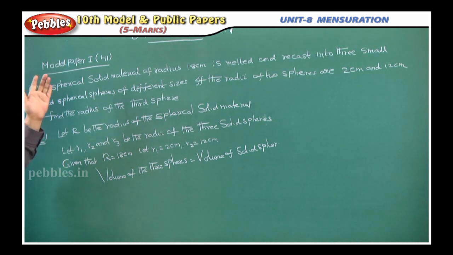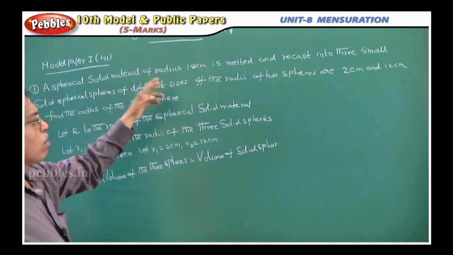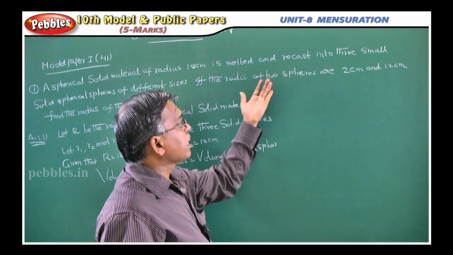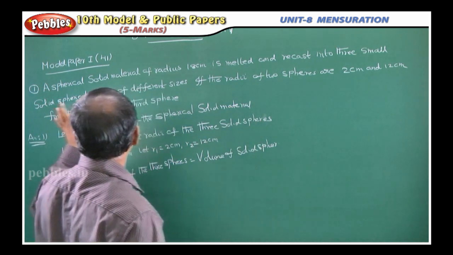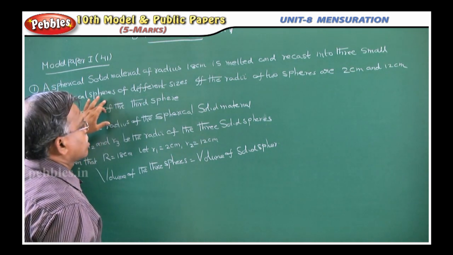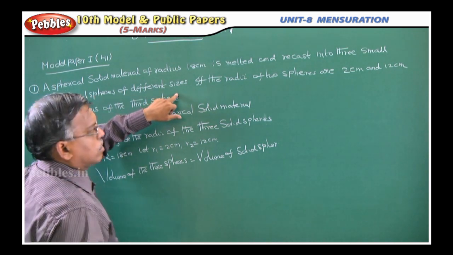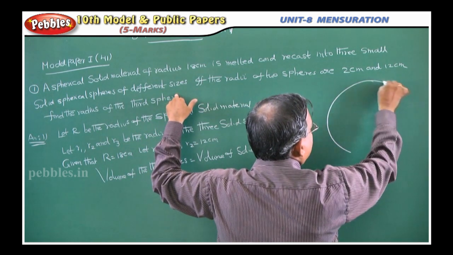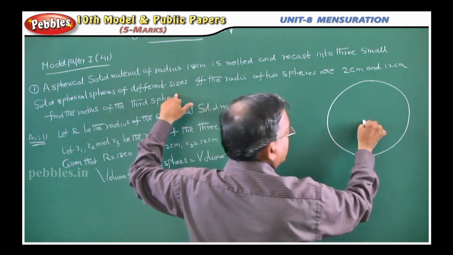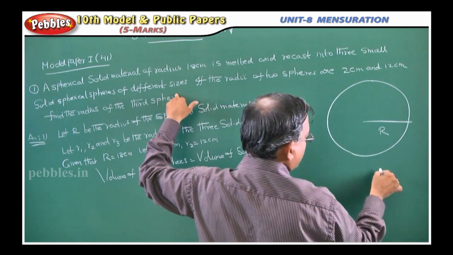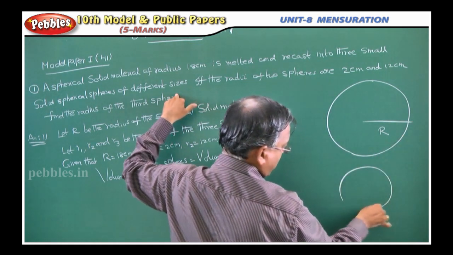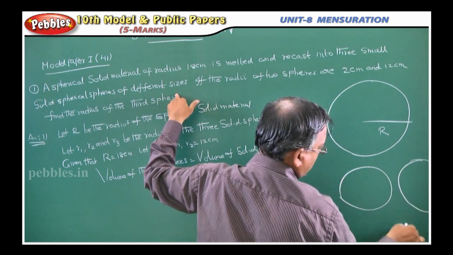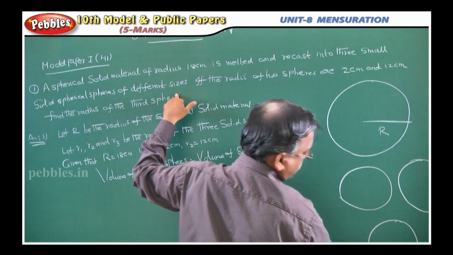A spherical solid material of radius 18 centimeter is melted and recast into 3 small solid spheres of different sizes. That means there is one bigger sphere with capital R radius, like this. Now we are changing it into 3 small spheres, one like this, another like this, another like this.